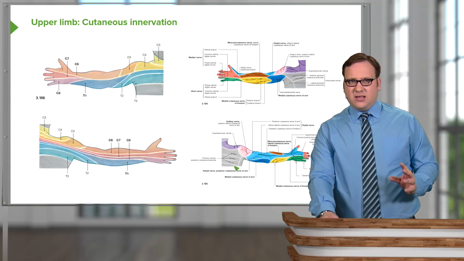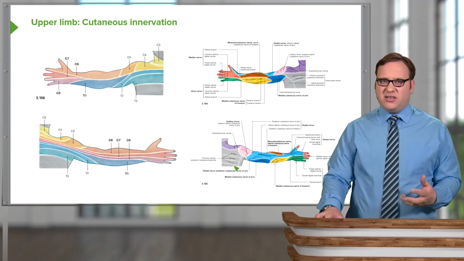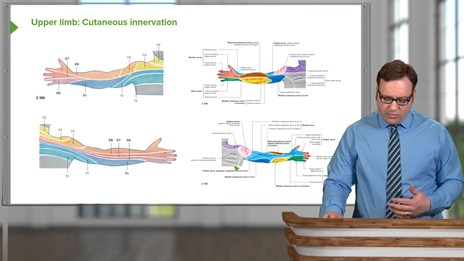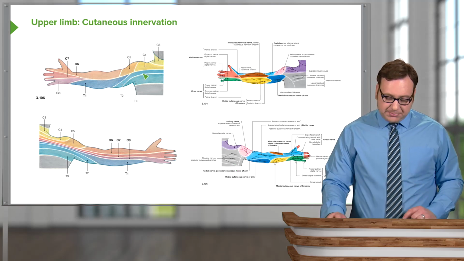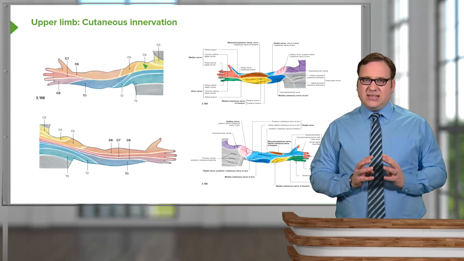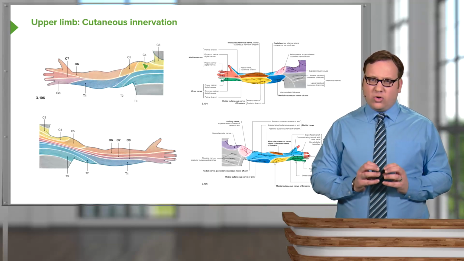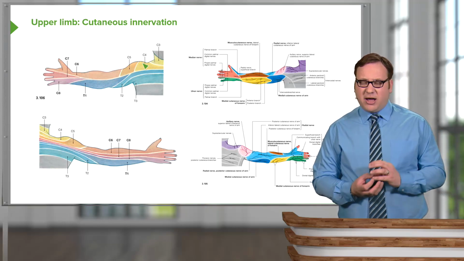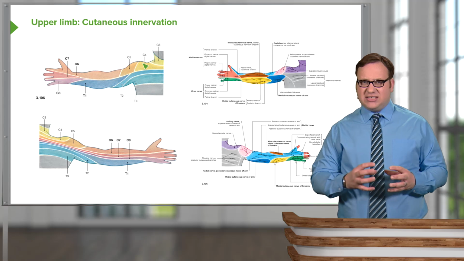But there isn't just, say, one upper limb nerve that does it. We have a whole series of what are known as dermatomes, specific regions of the body that receive a specific spinal cord segment's spinal nerve. So remember, the spinal cord is divided into those various segments.